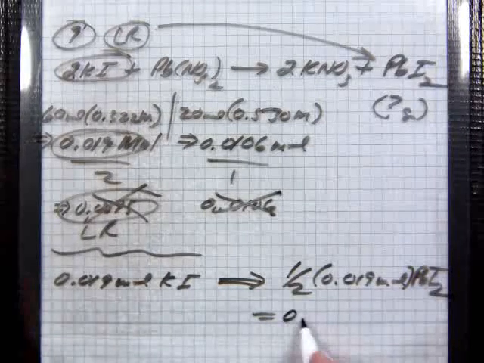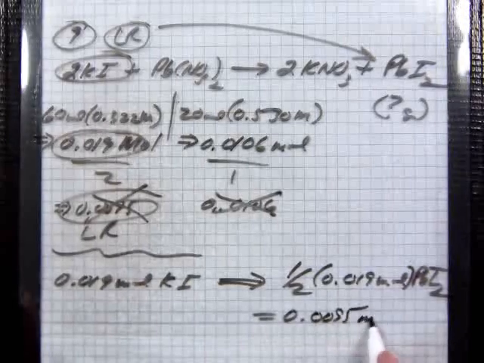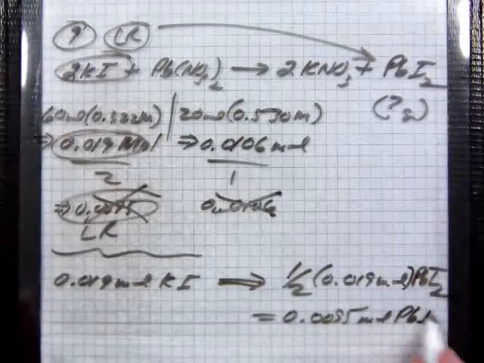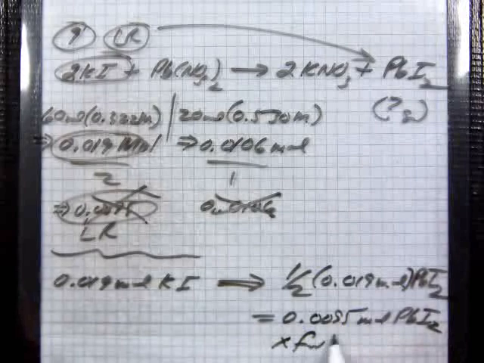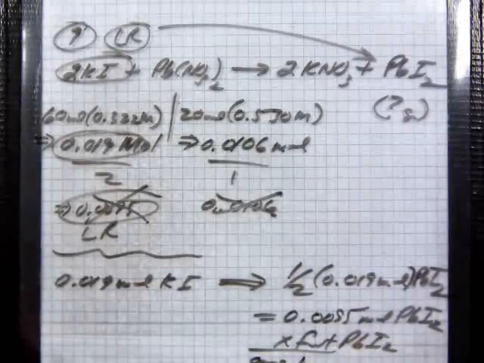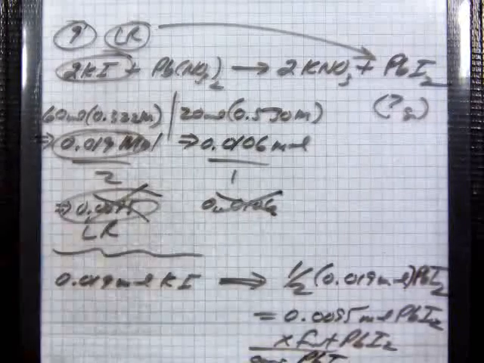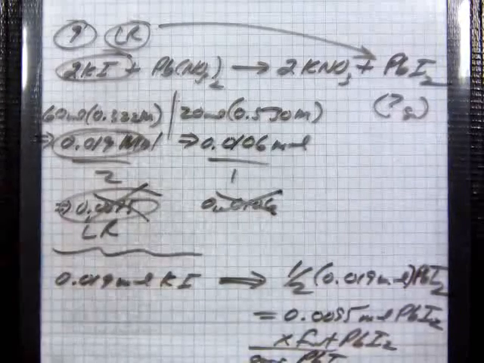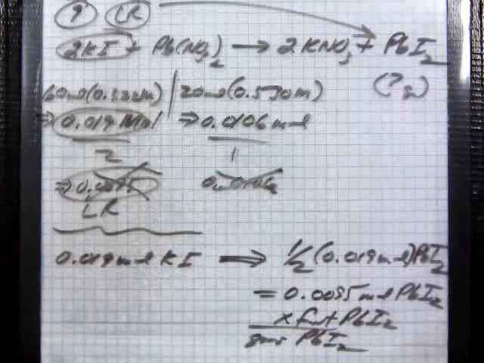Of course, 0.0095 mole PbI2 times the formula weight of PbI2 gives you grams of PbI2. So I tried to work enough of these things to get it on the board. Sorry.